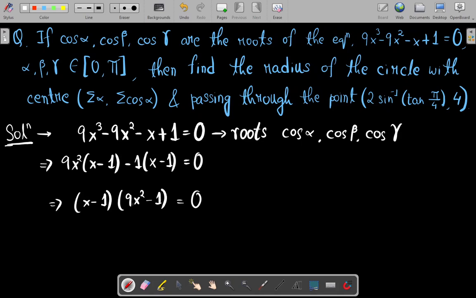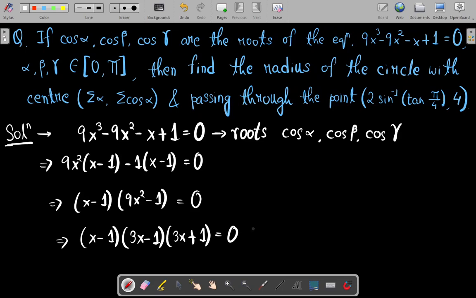Now this is again 3x whole square minus 1 whole square. So this is a square minus b square, which can be further factorized into 3x minus 1 into 3x plus 1, that is a plus b into a minus b. So this becomes x minus 1 times 3x minus 1 times 3x plus 1.